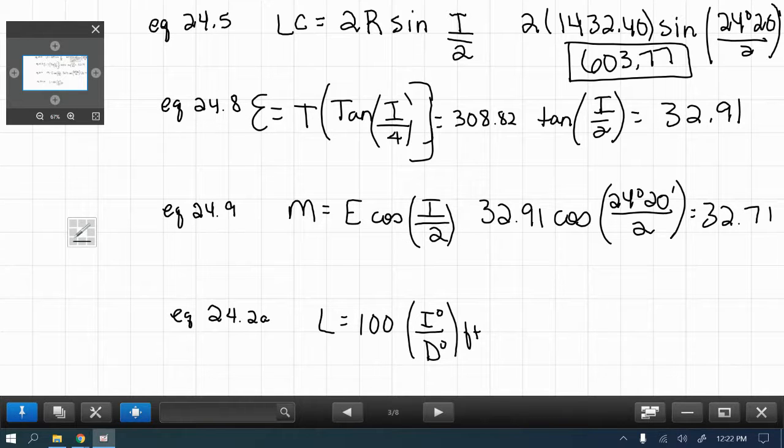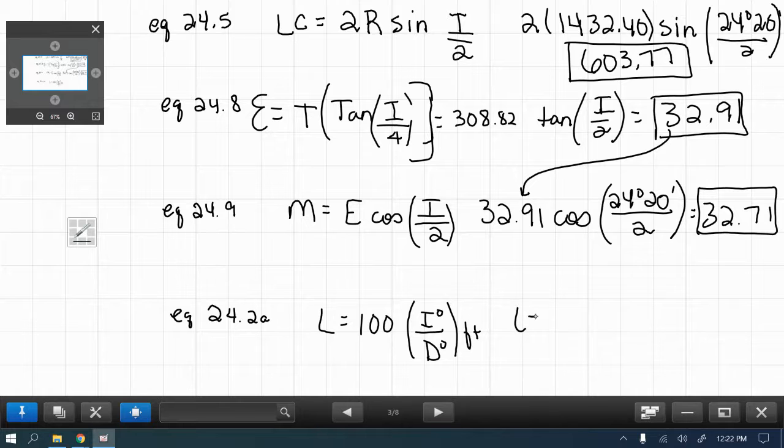And then we're going to plug that in to solve for M. Plug that in and we'll solve for M. All right, so now I'm going to solve for the L. I'm going to use equation 24a.